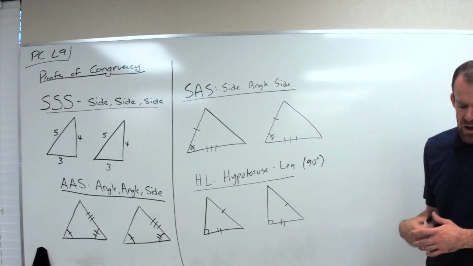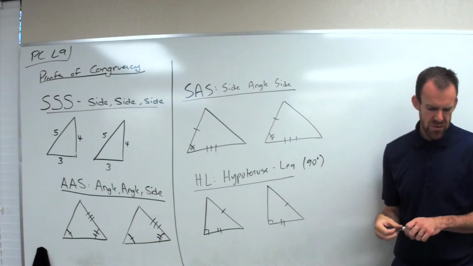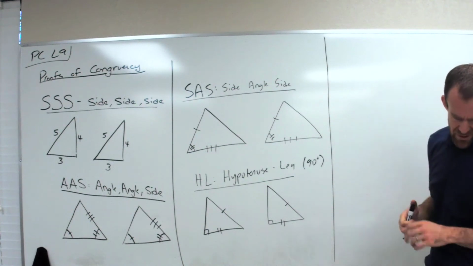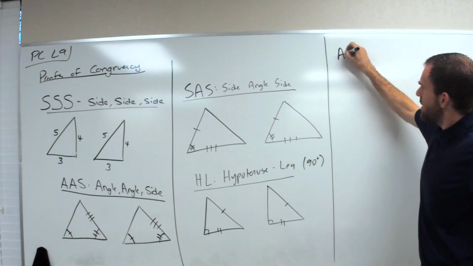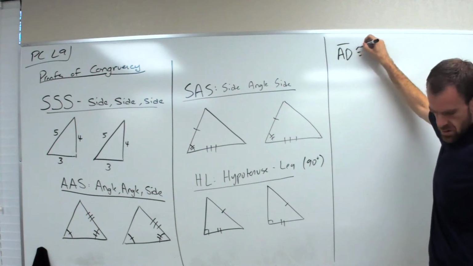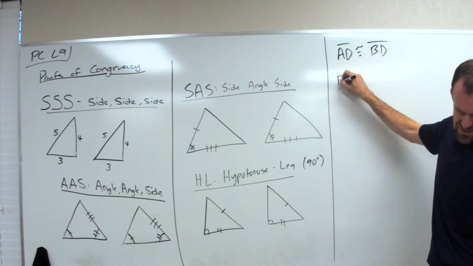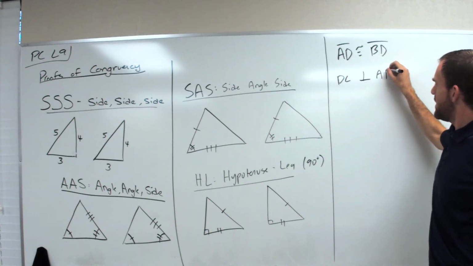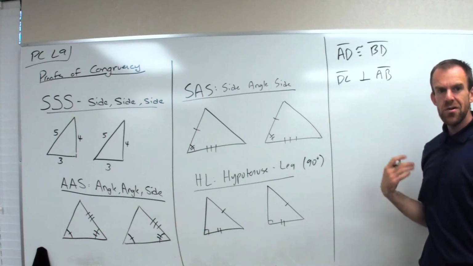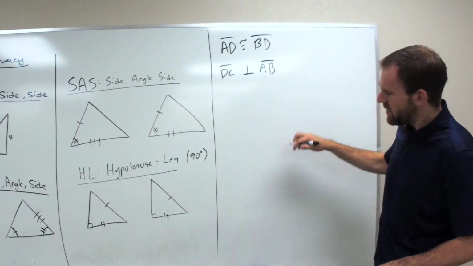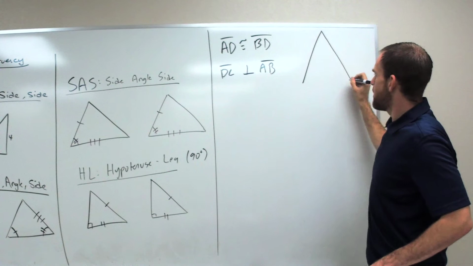Now, how are you actually going to do these problems? This is what they're going to look like. Given side AD is congruent to BD, and side DC is perpendicular to AB, they give you a couple of line segments that are the same, and then they give you a picture.